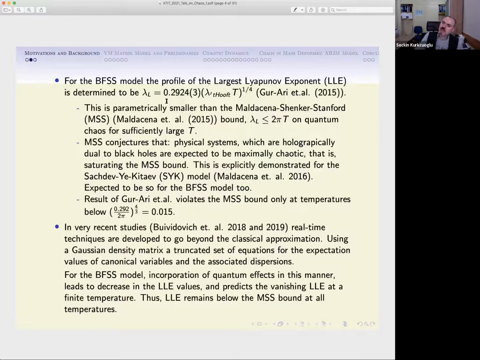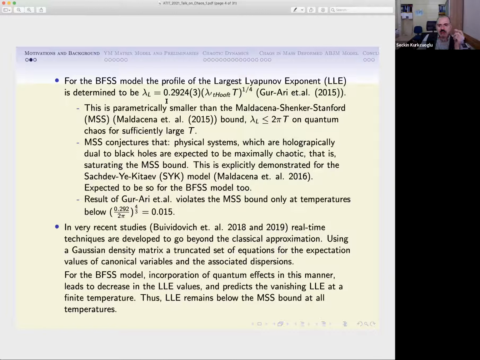This e to the power lambda_L times time tells you the exponential growth or the exponential divergence of the phase space trajectories if you do classical dynamics, for instance. So it is a direct measure of chaos.